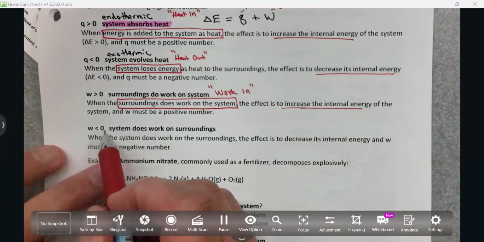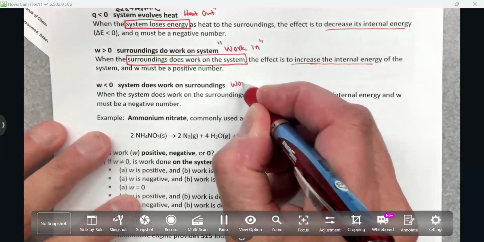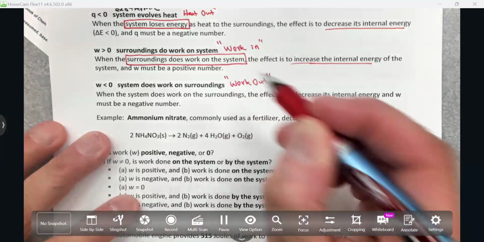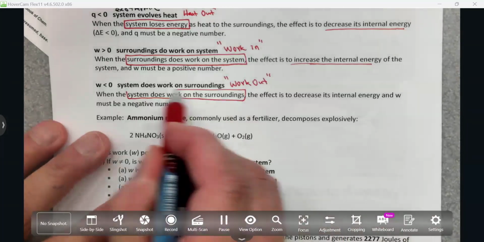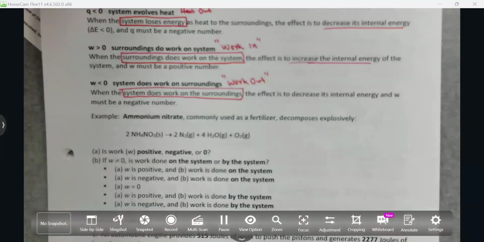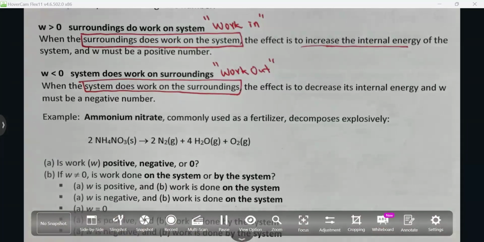And then if work is less than 0, think of work out.